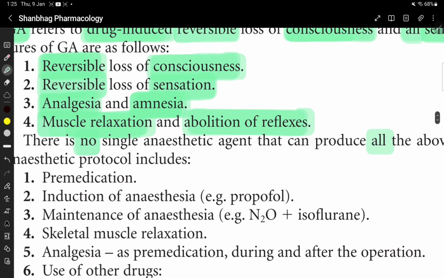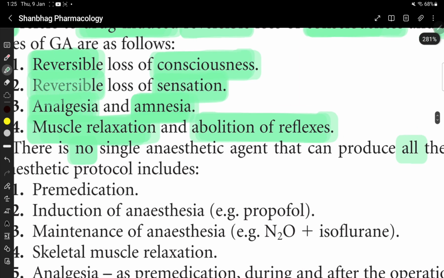That is, there is no single anesthetic agent that shows all four of these properties.